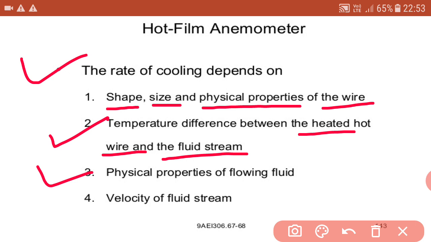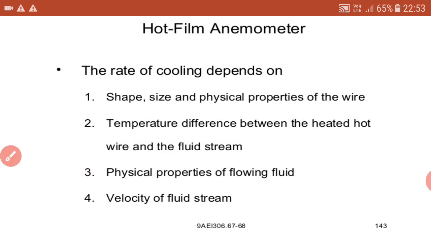So the rate of cooling is also dependent on these physical properties. Then another reason is that the rate of cooling depends on the velocity of the fluid stream. So these are the parameters the rate of cooling depends on.